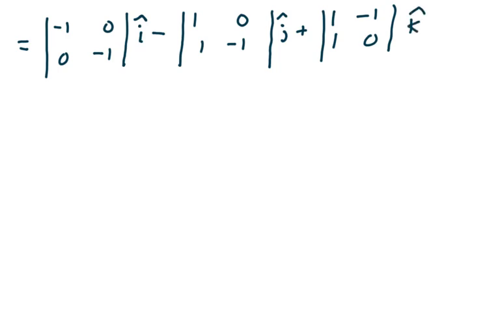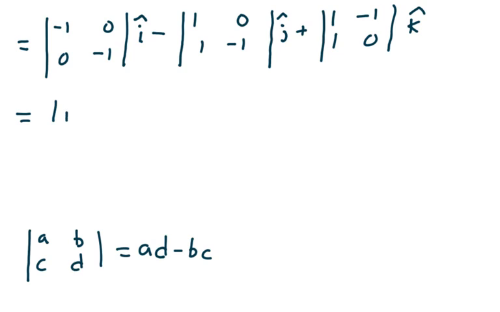Now, one quick recall. When we take the determinant of a 2 by 2 matrix, A, B, C, D, this is equal to AD minus BC. So we get a number back. And so here, you're going to get 1I minus negative 1J plus 1K.